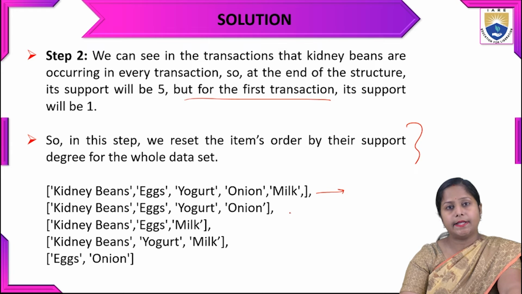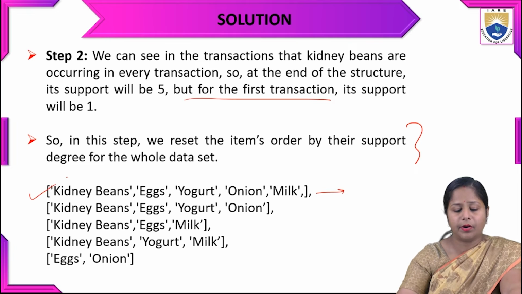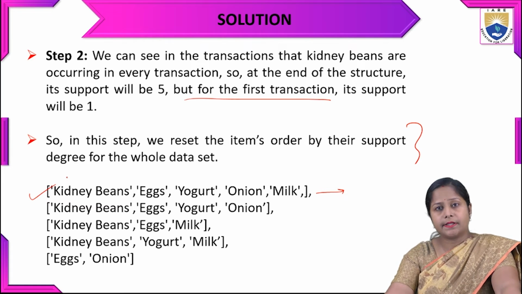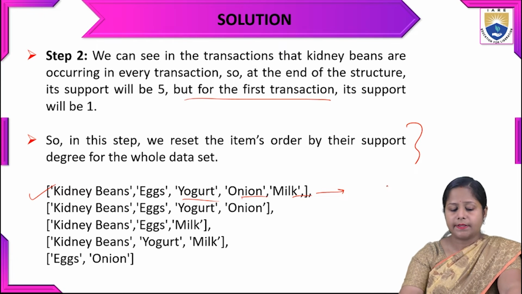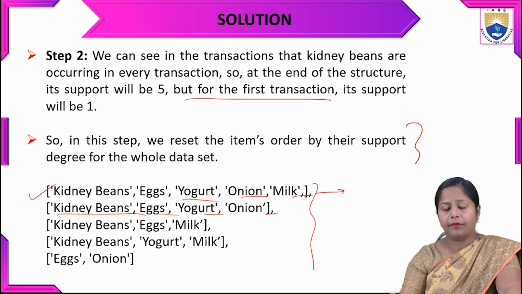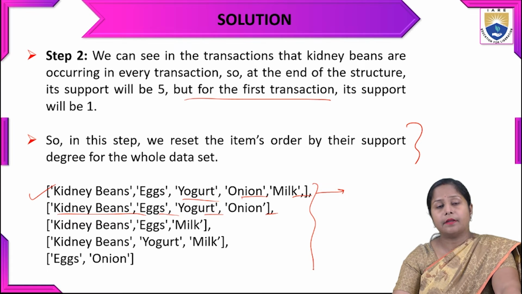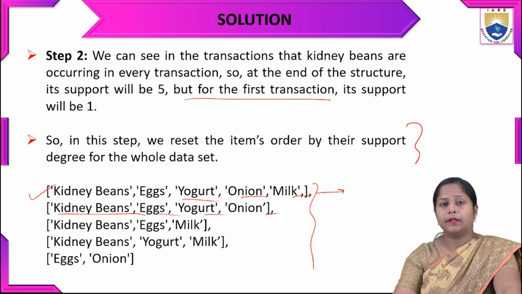So after deleting the items that do not satisfy the minimum threshold, we have in the first transaction kidney beans, eggs, yogurt, onion and milk. In the second, kidney beans, eggs, yogurt and onion. Like this, we have found all the item sets after pruning by the minimum support.